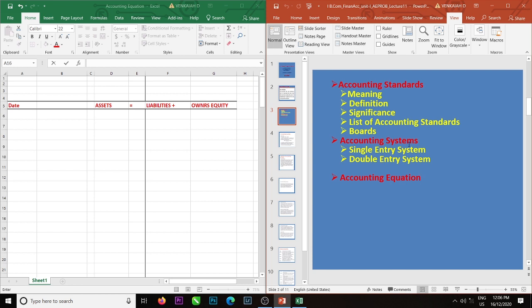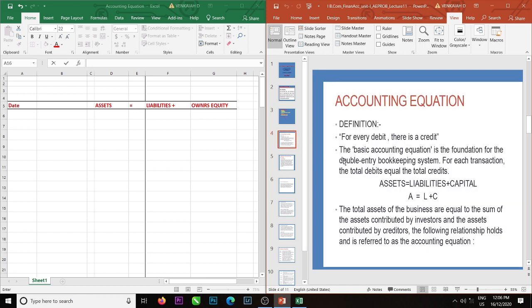But under the double entry system, the transaction is recorded in debit as well as credit. We technically prove that debit is equal to credit under dual aspect. So the basic accounting equation is the foundation for double entry bookkeeping. In the next video we are going to types of accounts and rules of accounts: debit the receiver, credit the giver.